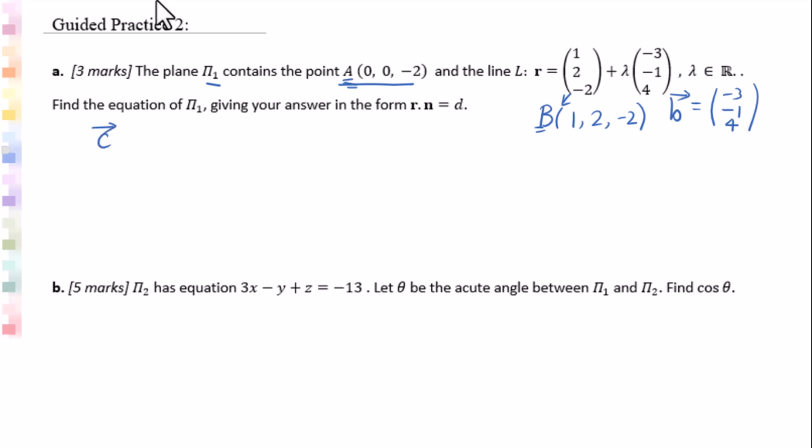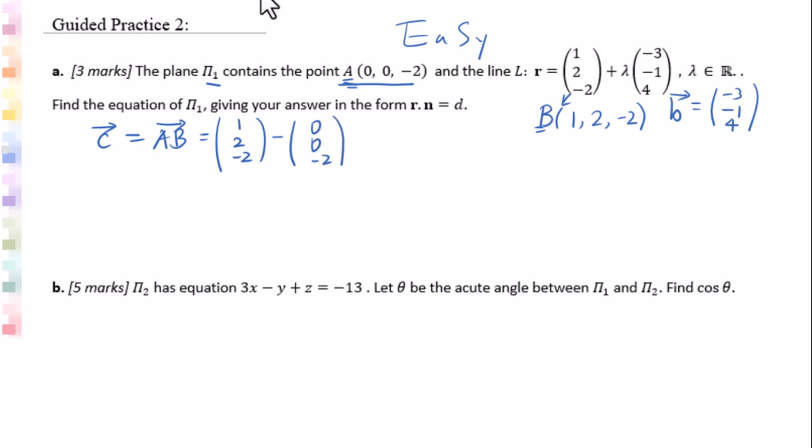So, vector C equals vector AB equals ending minus starting, 1, 2, -2 minus 0, 0, -2. Change minus into plus, change sign, equals 1, 2, 0.